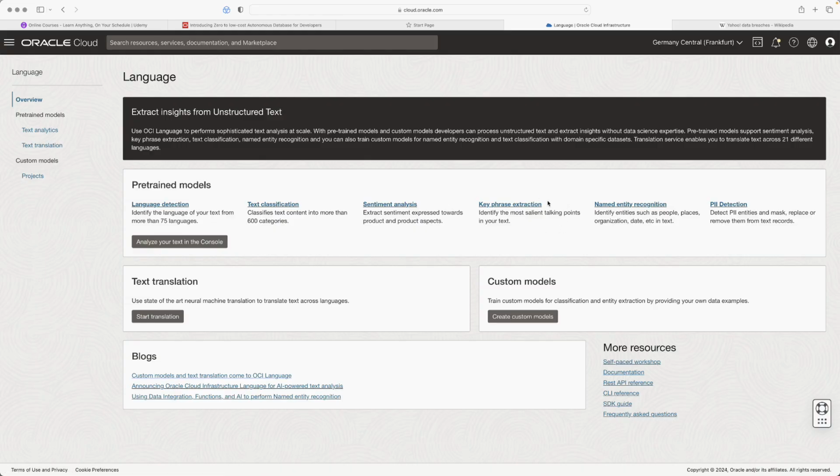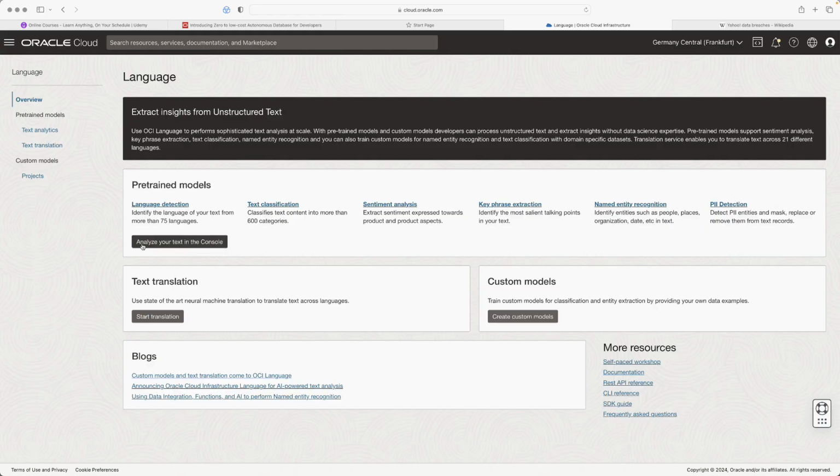It does key phrase extraction as well, and we'll take a look. And it can even find named entities like the name of a person, a place, a thing, a date. So it's that intelligent. And it can do some level of PII detection as well. PII stands for personal identifiable information, right? So it can execute the PII detection as well. So let's take a look at how it is done.